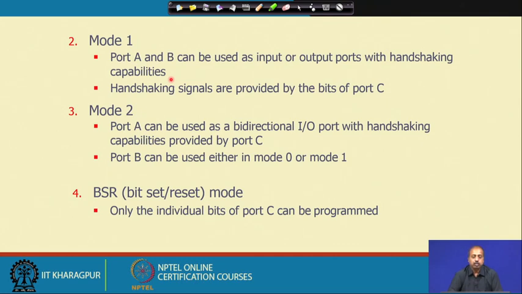All those things are controlled by port C. These handshaking signals are given by port C, and port A and port B are used as data ports.